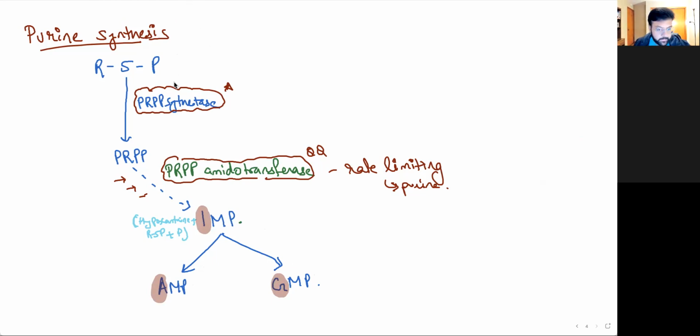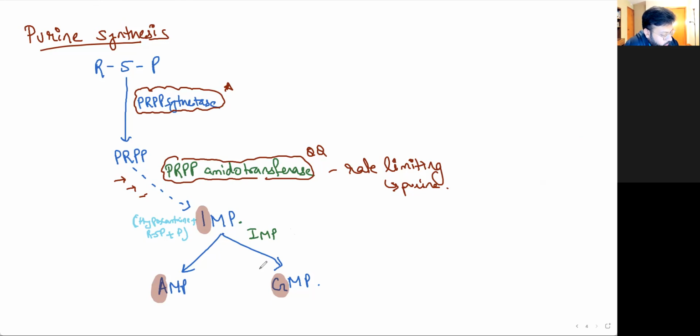Perfect. Now, this enzyme is again important, which is converting IMP into GMP. And the enzyme here is adenosine monophosphate reductase.